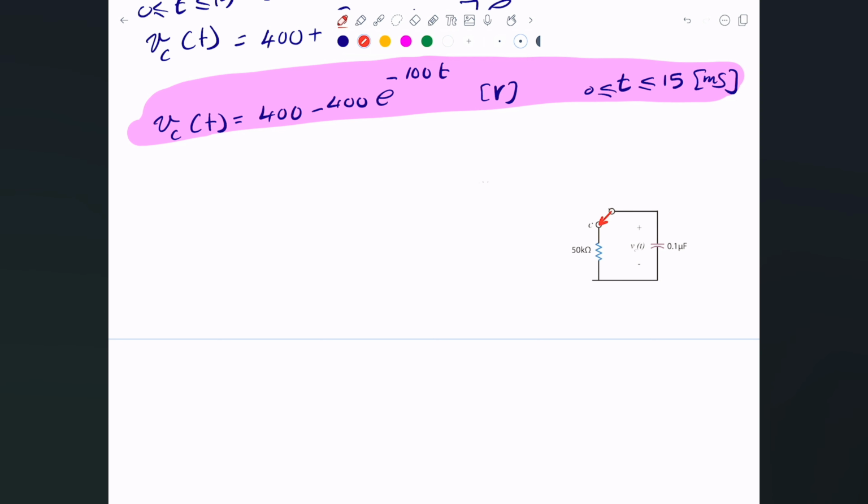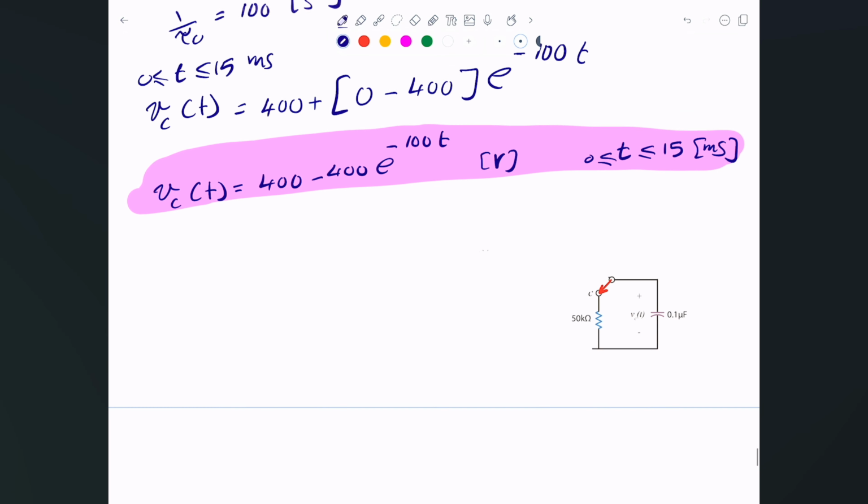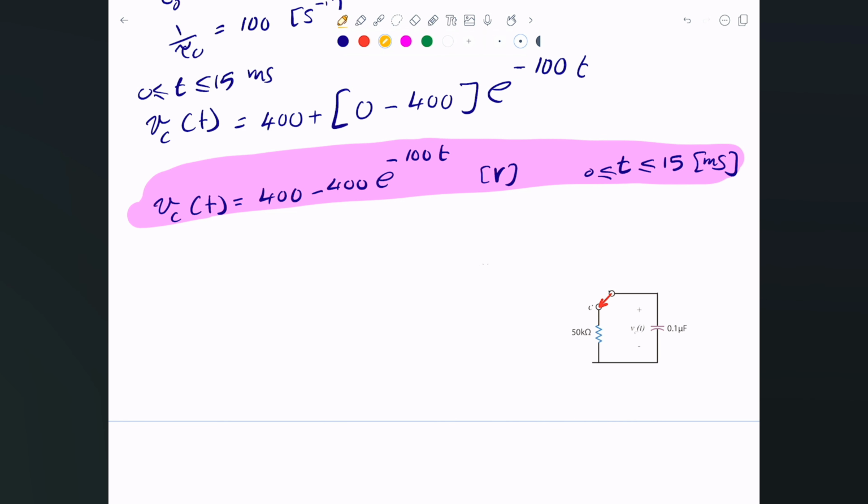All right, so in this particular case, we need to figure out again the initial, the final, and so forth. Let's do the initial. What's the initial at this particular state? Well, the initial is simply VC evaluated at exactly 15 milliseconds, times 10 to the negative 3. How do we compute this? Because the voltage doesn't change with the switching, right before 15 and right after 15 is the same, so we can just use this equation to compute it.